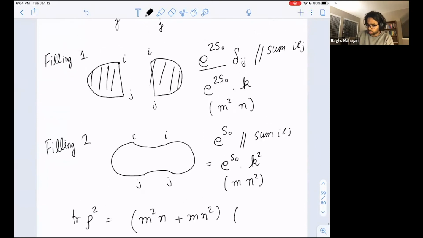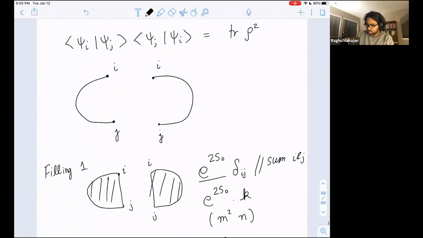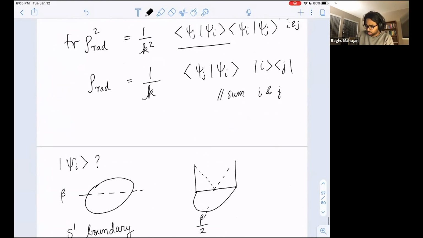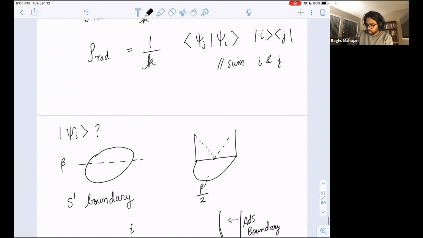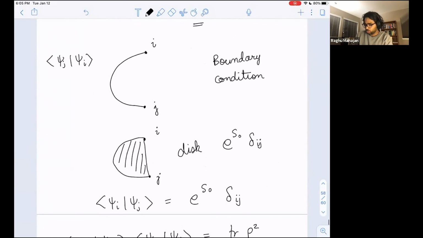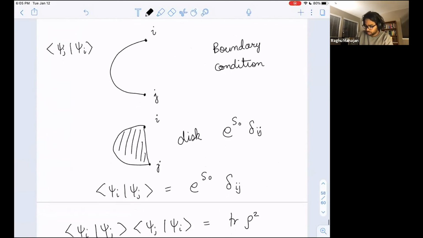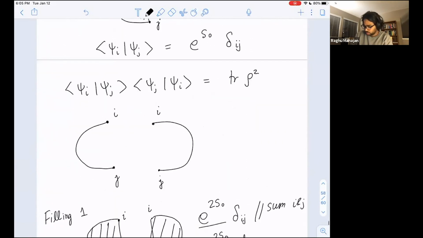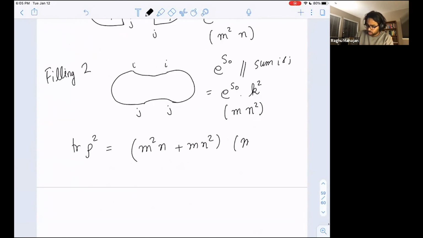There is some normalization factor, like a 1 over k squared sitting here, and an e to the 2s naught from normalizing the psi i's properly, since their normalization has an e to the s naught. So essentially you get mn to the minus 2 again, which was the same as before. m inverse plus n inverse we found last time. In this case, it is e to the minus s naught plus k inverse.